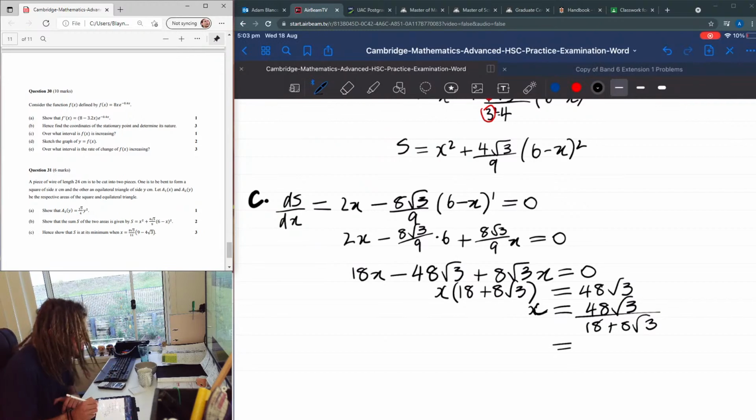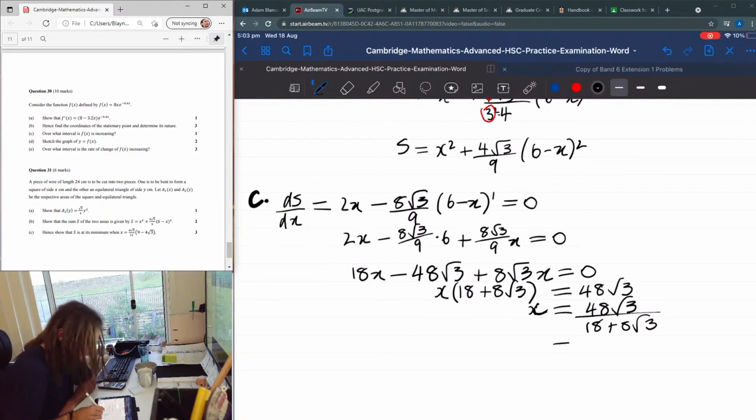Okay, and that's equal to, off the top of my head, something, I'm not typing that in, cool. What am I trying to do? Show that it's a minimum when x equals, oh for God's sakes, I need it in that form. Oh, where's the 11 come from?